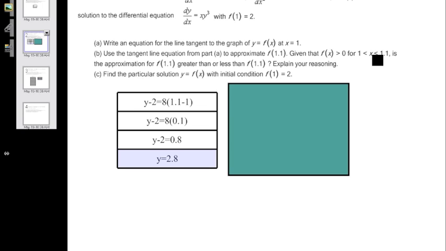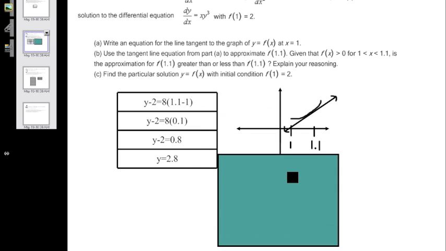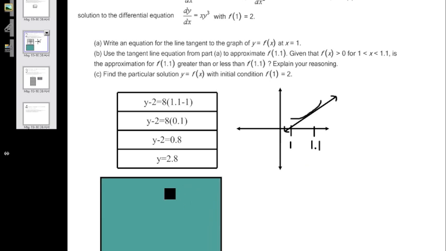This means that f of x is increasing and concave up when x is greater than 1 and less than 1.1. An increasing concave up graph will always lie above its tangent line, so the tangent line approximation is less than the actual value.